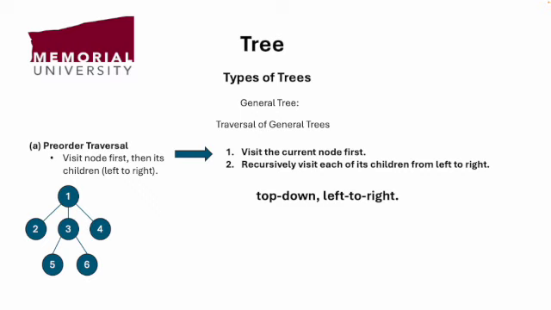Let's have an example here. Okay, let's work together. If you have the preorder traversal, how is it going to work? What's the first node they visit? Be 1, right? Good. And then, yeah, from what? Left to right, right? And then from 2, their children, right? And then 3, and then 5, because it's from top and down.